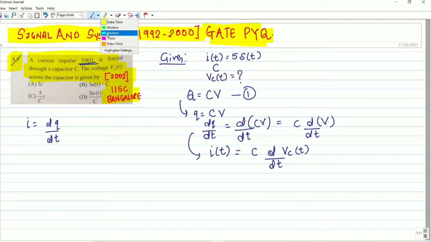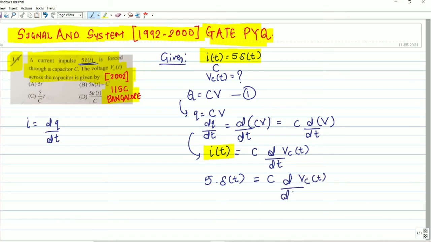What we have been given? First we have been given current as a function of time. We can replace i(t) with phi into delta. Understood this part? In place of i(t), I am replacing with phi into delta. Where C is constant, it will be d of the voltage across the capacitor.